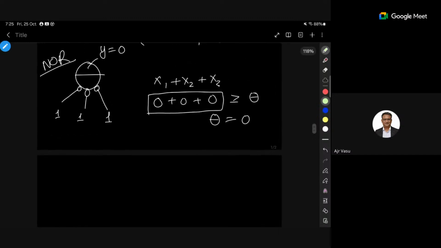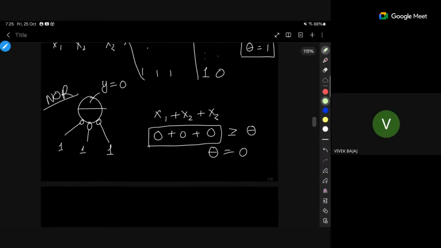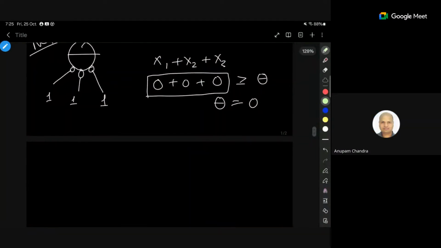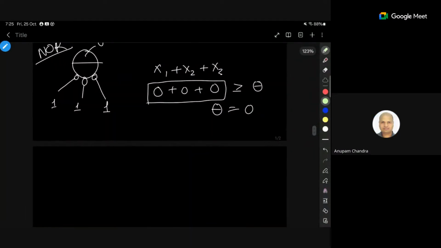The question was a bit different there. It said that you don't need an inhibitory input for all functions, which is correct. You can make functions without the inhibitory input also. That does not mean that all of them can be done without it. For example, the AND function can be done without inhibitory input. That option is correct. I agree. Very easy to miss out.